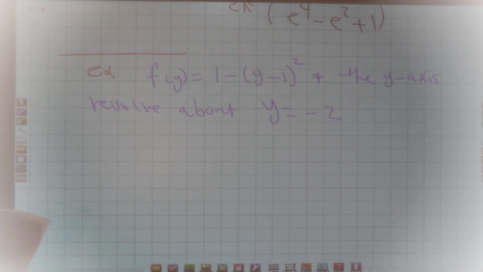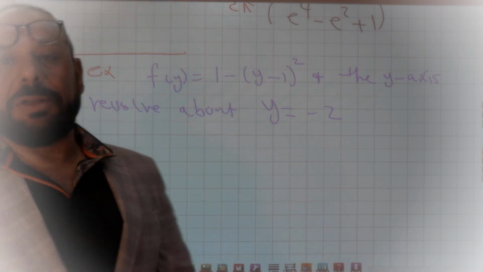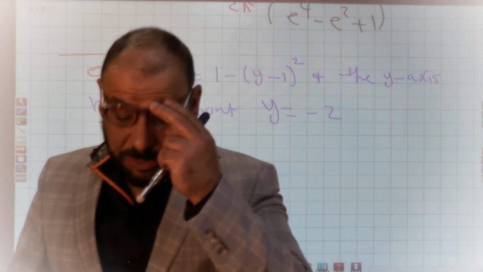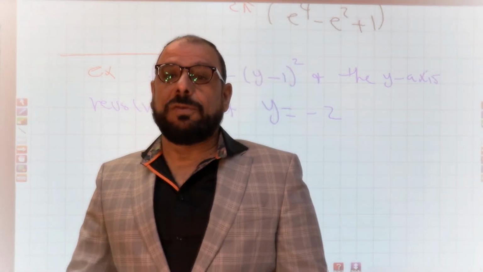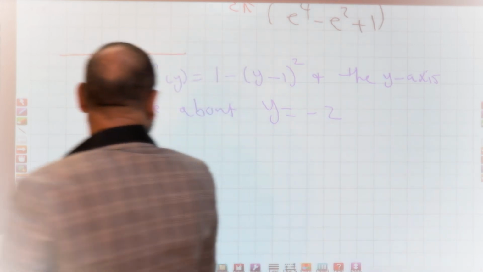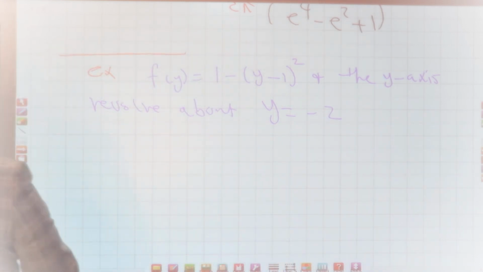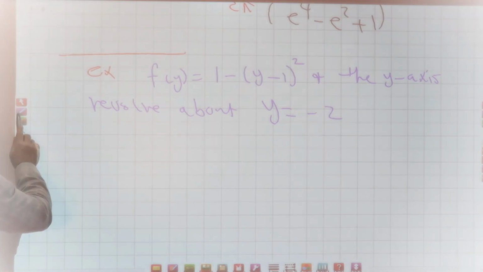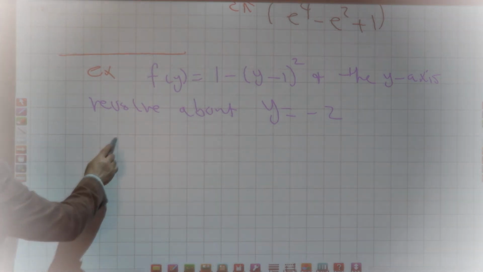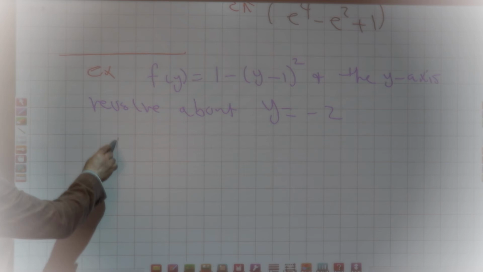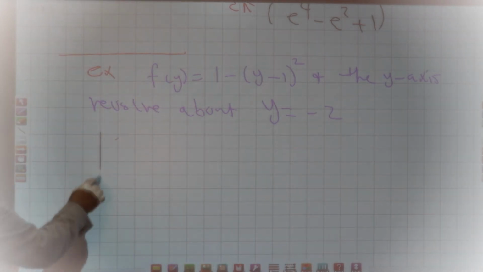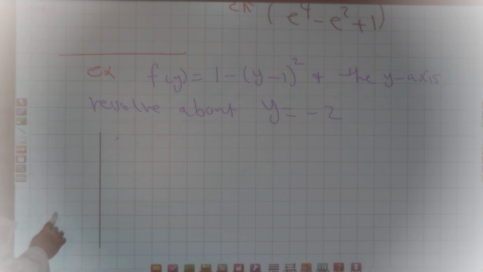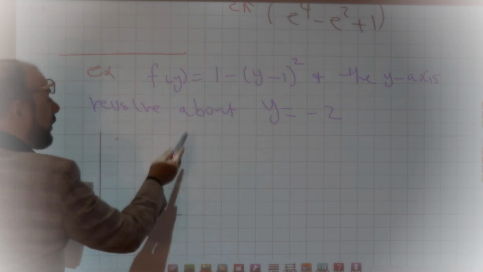Good. Sometimes he will ask you to set only the integral, not to solve it. Let us see what we can do with this guy. Let me just graph this function, 1 minus (y minus 1) squared.